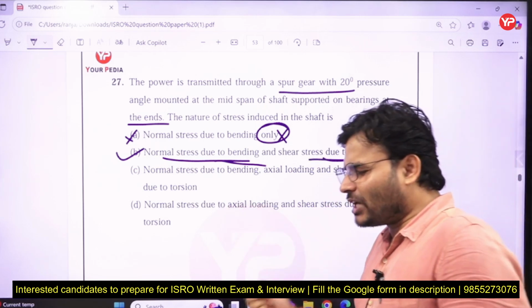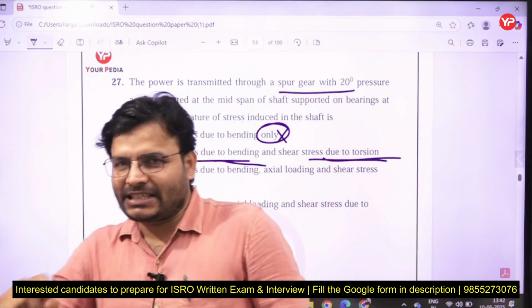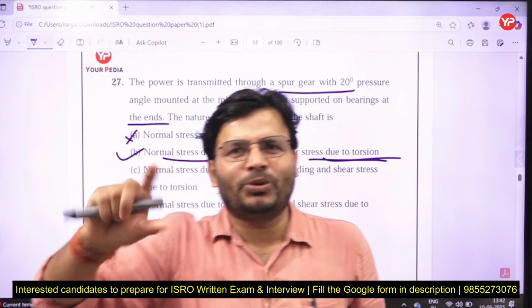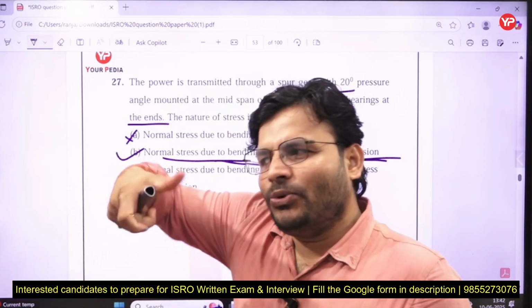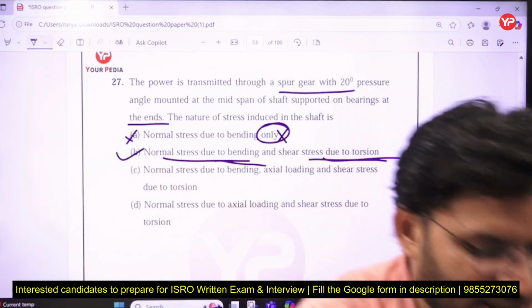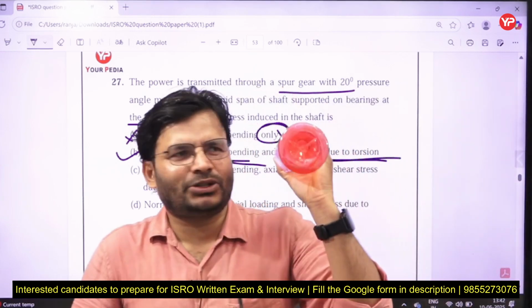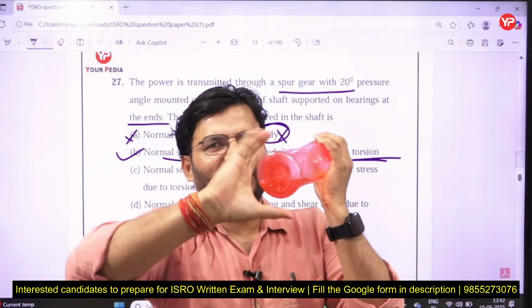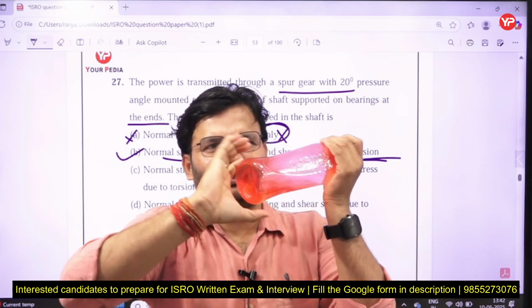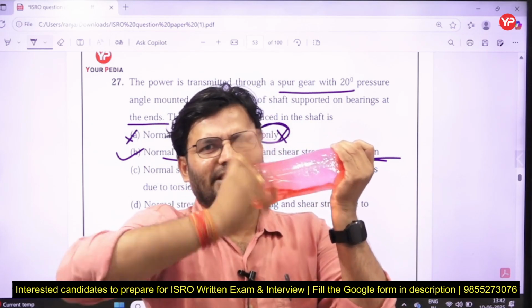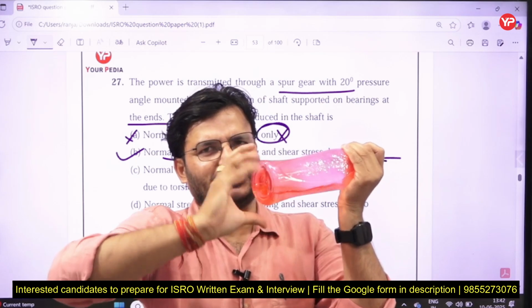In the previous question also you have seen that shear stress is developed because of the torsion or twisting moment. Earlier I told you how it will twist. This is one shaft, let's assume. If the couple is like that, it will twist, and due to the twisting the shear load is developed over the cross section.